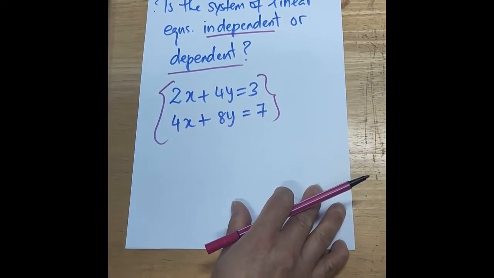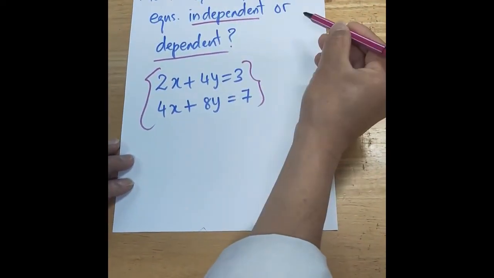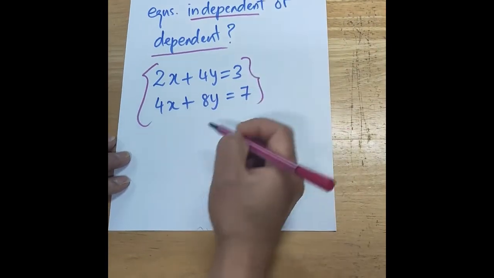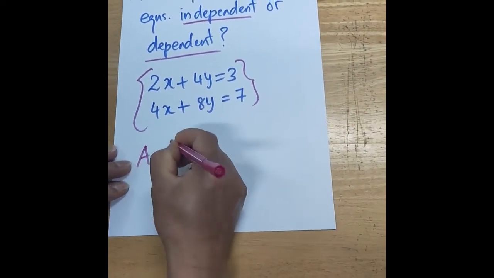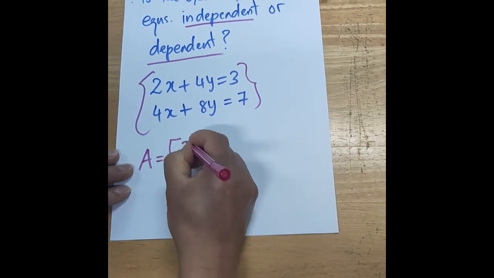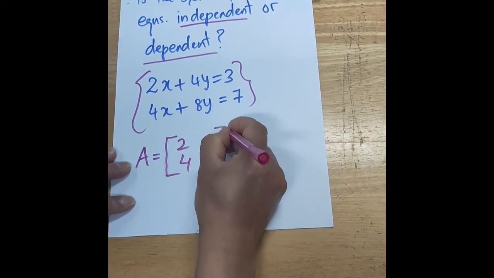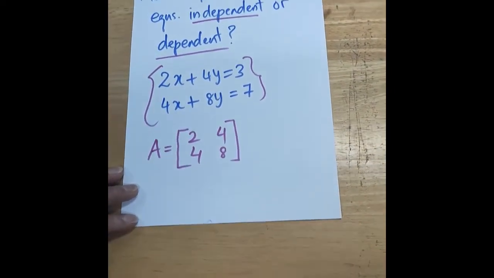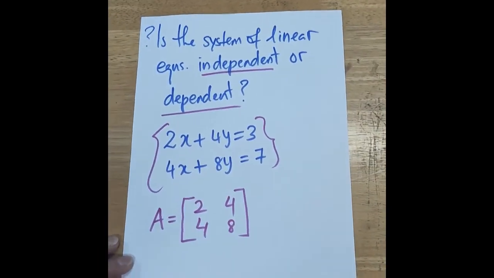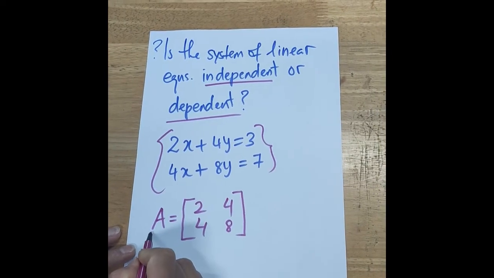The first step is to get the coefficient matrix A, which is 2, 4, 4, 8. The next step is to check the determinant of this coefficient matrix A.